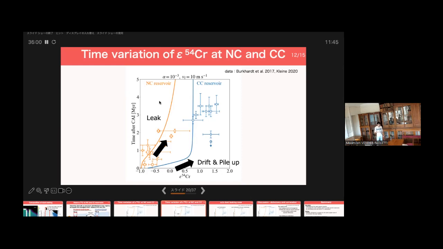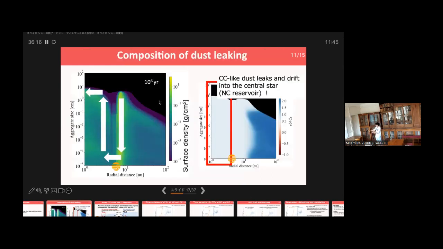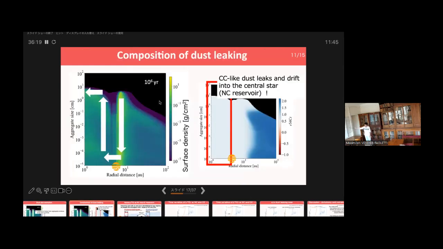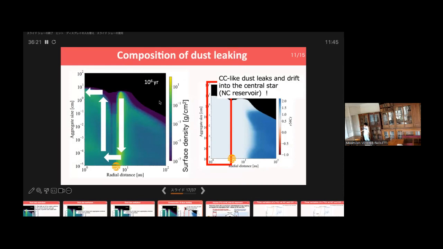Related to the question, are you showing the average value of chromium of the parallel path? Yes, only a parallel path. So there is a spatial gradient that you show only around here, 1 to 10 AU, right? Yes.